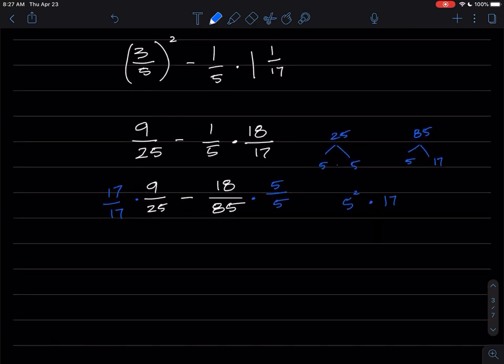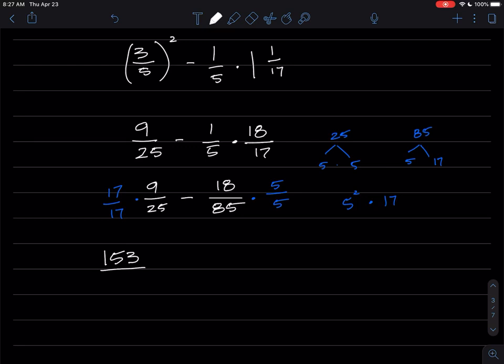Okay, let's work on that. So 9 times 17. Well, 9 times 10 is 90. 9 times 7 is 63. 90 and 63 is 153. So we get 153 over 17 times 25. Well, 16 times 25 is 400, right?